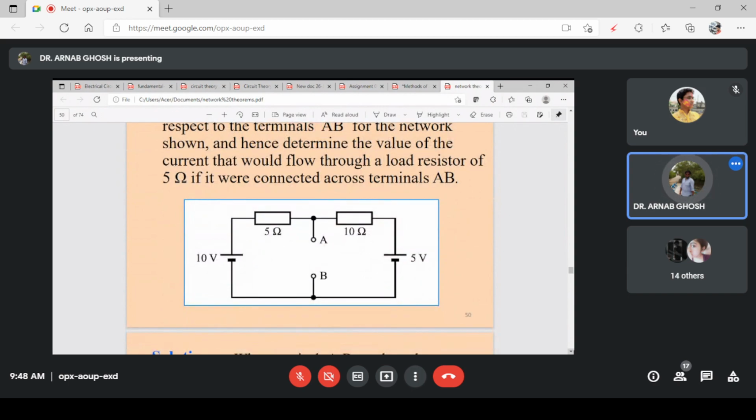So let us say that the load resistor was connected between A and B. Now for Thevenin's theorem, let's say this has been open circuited. Then you see the 5 ohm and 10 ohm resistances, these two will be in parallel to each other.